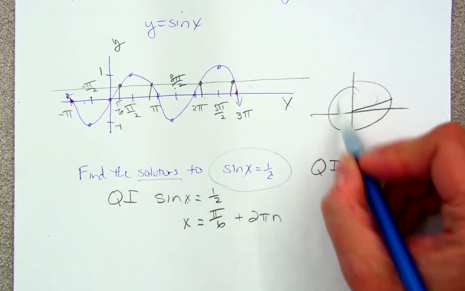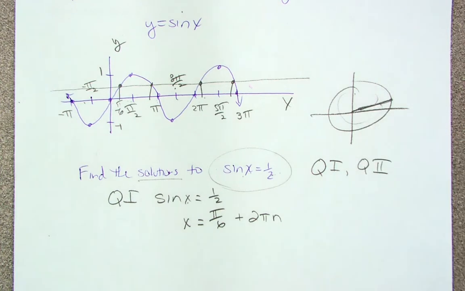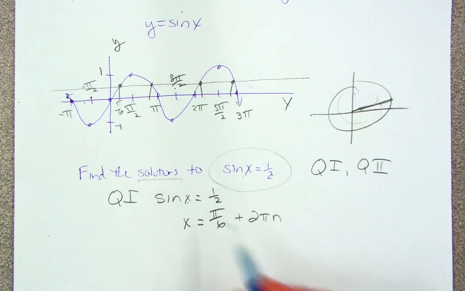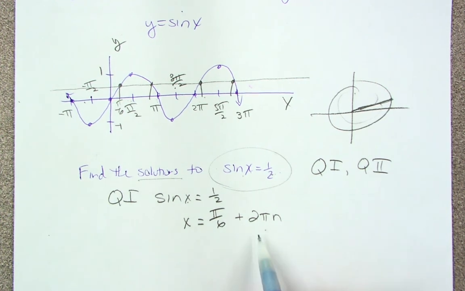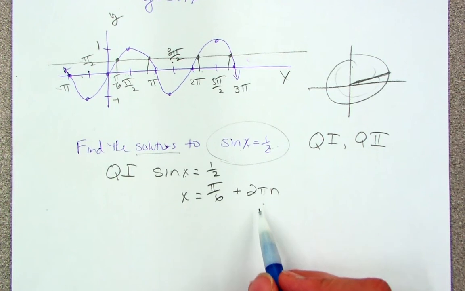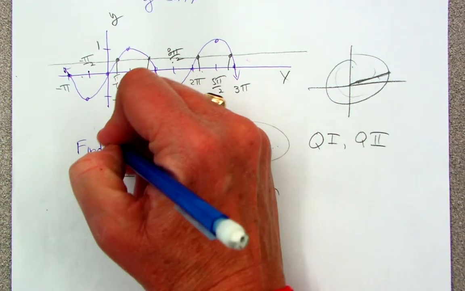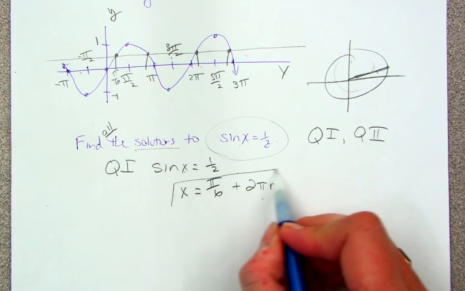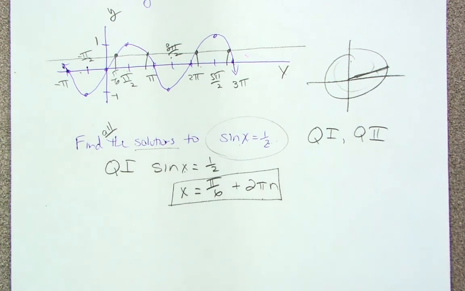Every time I land on this terminal side, whether I go positive or negative, which is the reference angle of pi over 6 for quadrant 1, then I will get a solution. And I'm sorry, let me put the words: find all the solutions. There are all the solutions for quadrant 1, at pi over 6 and every rotation.